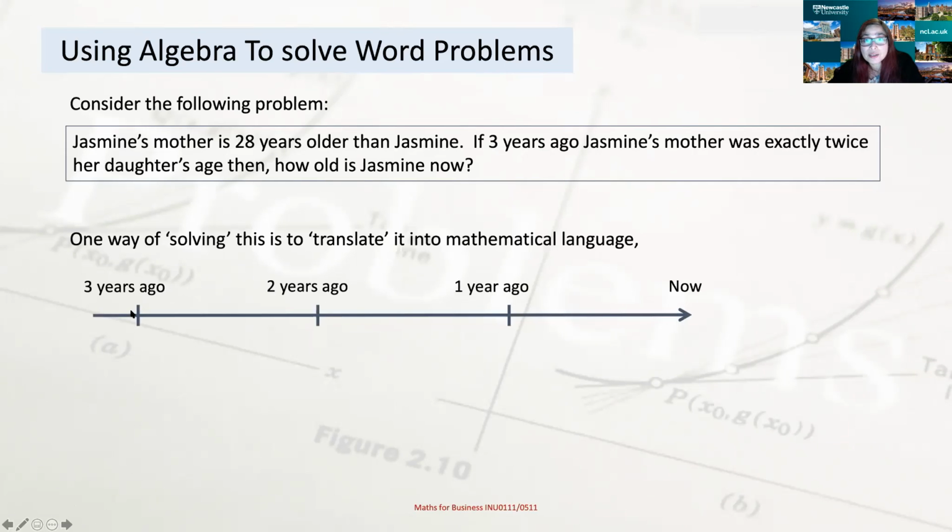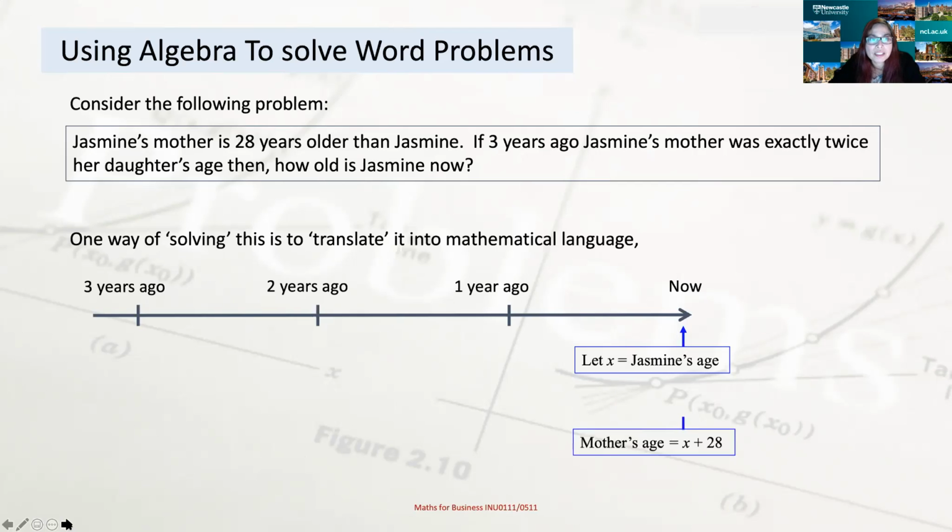So 3 years ago, because we are talking about 3 years ago and we are talking about now. Now, what is Jasmine's age? Let's imagine that it is x. 3 years ago, Jasmine's mother was exactly twice her daughter's age.